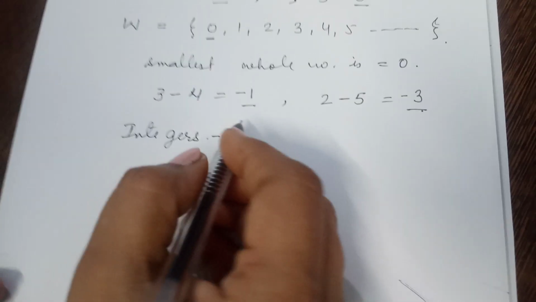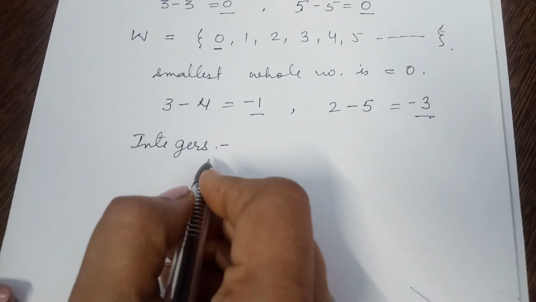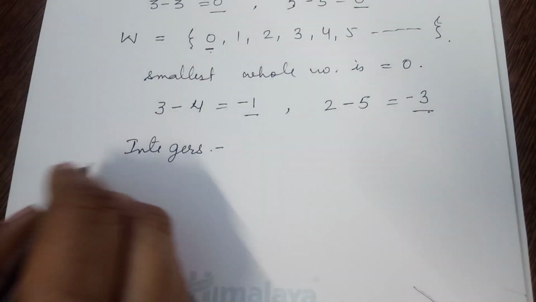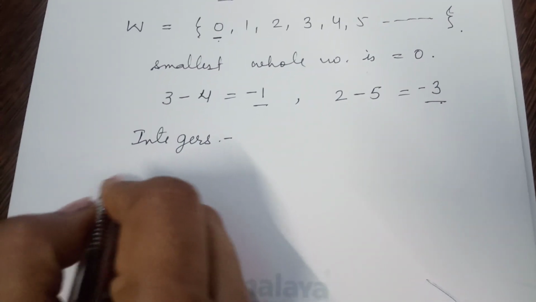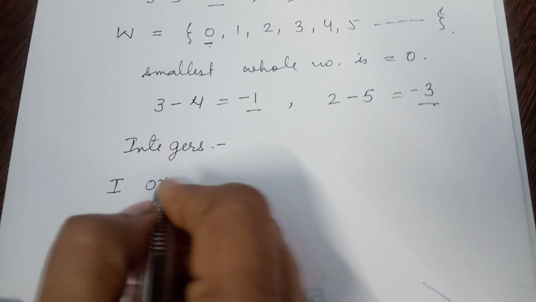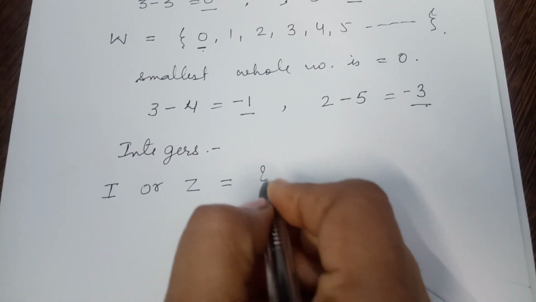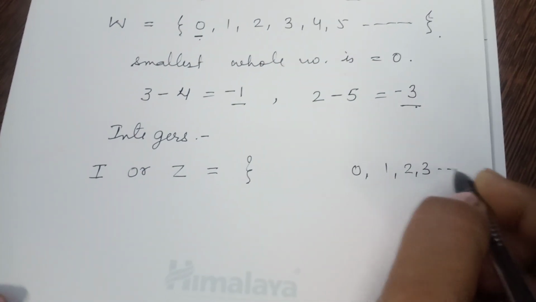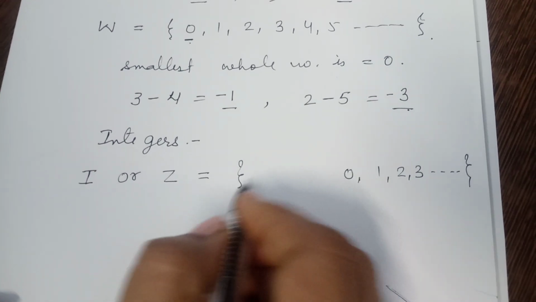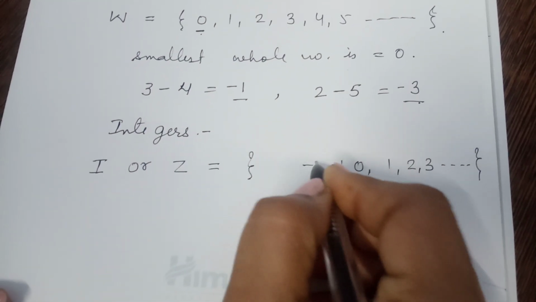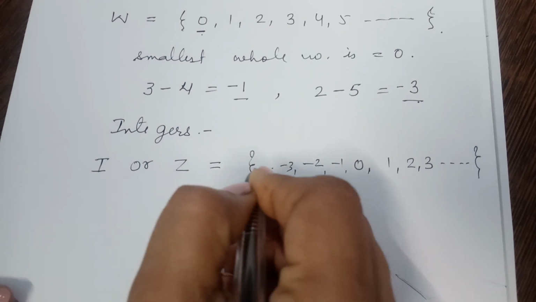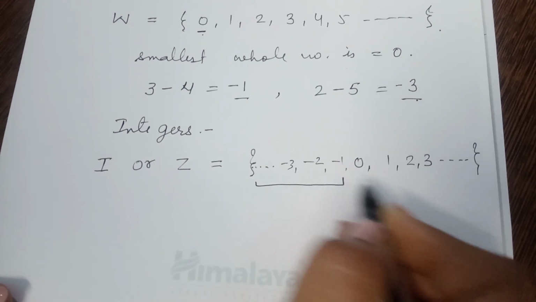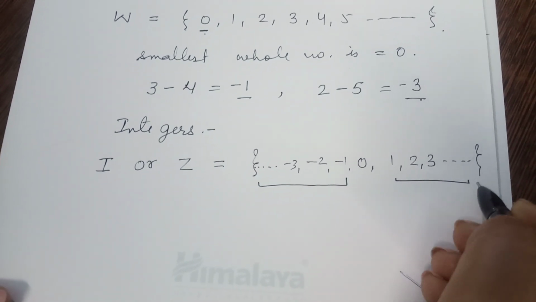In integers, all negative numbers, all positive numbers and 0 are considered. The set of integers can be written as I or Z. In this set, 0, 1, 2, 3 and all positive numbers, minus 1, minus 2, minus 3 and so on, all negative numbers.